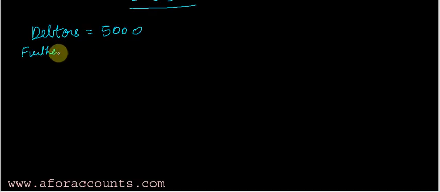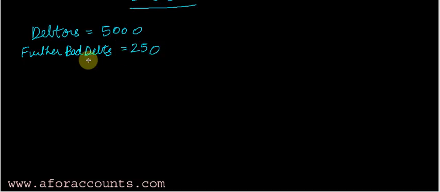Let me explain it to you with an example. Say I have debtors of 5,000. I have further bad debts in additional information: further bad debts 250.